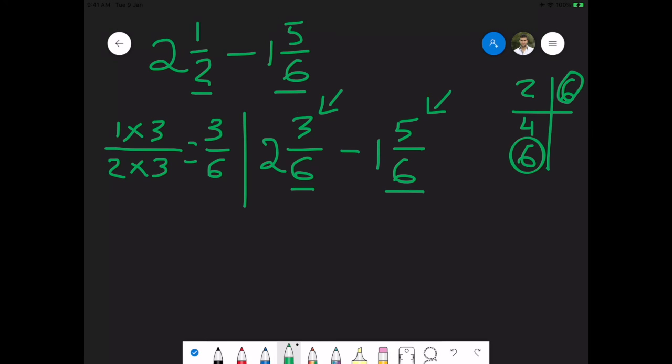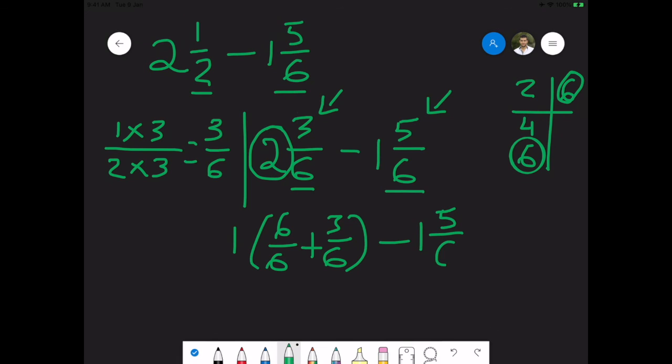What I'll do is that I will take a whole from this 2 here, which is 6 out of 6, right? And 2 will become 1 because I took that whole from it. And now I will give this whole to 3 out of 6. And let's see if I'm able to do my subtraction.